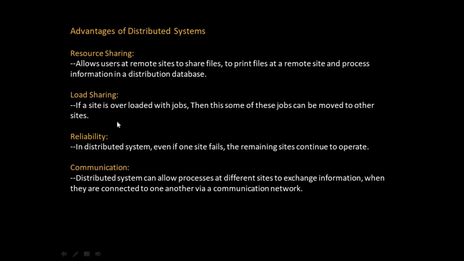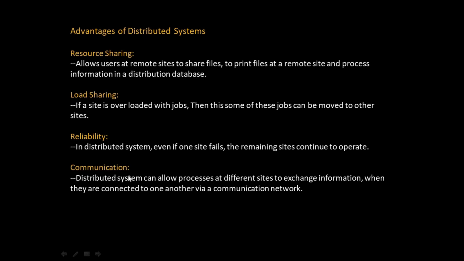Another advantage of distributed systems is reliability. In a distributed system, even if one site fails, the remaining sites continue to operate, since each computer has its independence with its CPU and all. So if one node fails, then the other nodes will continue running. Another advantage is communication.